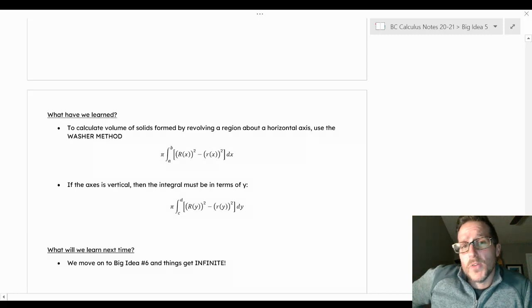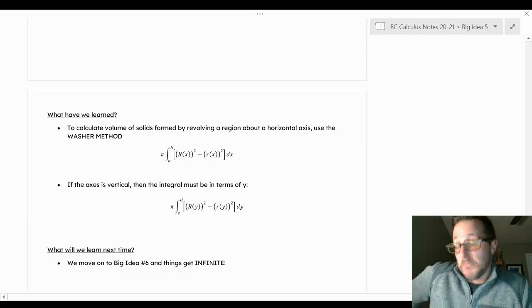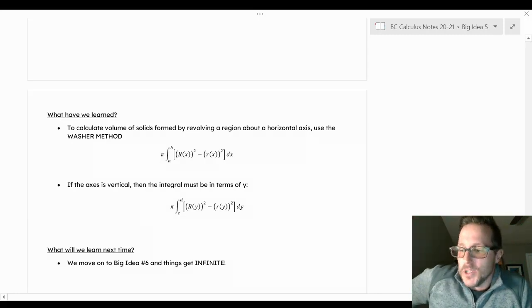So maybe in the future, the AP exam will include shell method back into its BC curriculum. But AB, you're good. You're done. You don't have to do shell method. Maybe AP is going to put it back in there. I would love to show you about shell method. I wish I could, but you can research that if you want to. Maybe I'll pop another video on here just for good measure, just for fun.